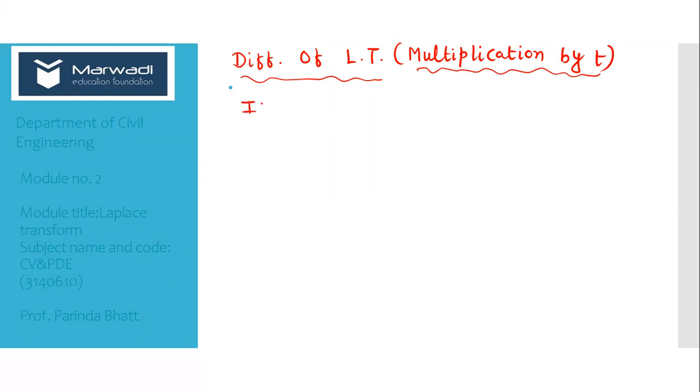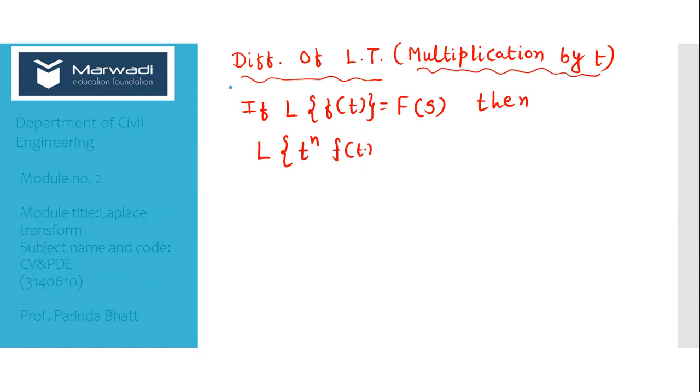If Laplace of f(t) equals F(s), then Laplace of t power n f(t) is equal to minus 1 raised to n, nth differentiation with respect to s of F(s).